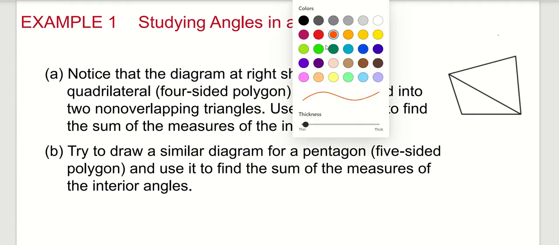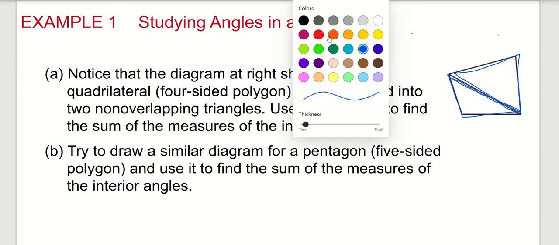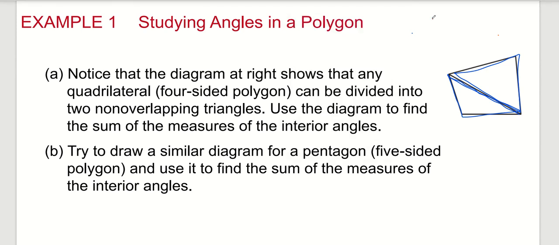One of the things we could do is connect 2 vertices, which would create 2 triangles. And if you think about all of the angles in the quadrilateral, these are the angles of my quadrilateral. There's this one, this one, this one, and this one.